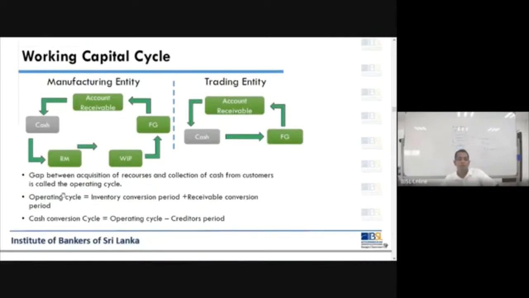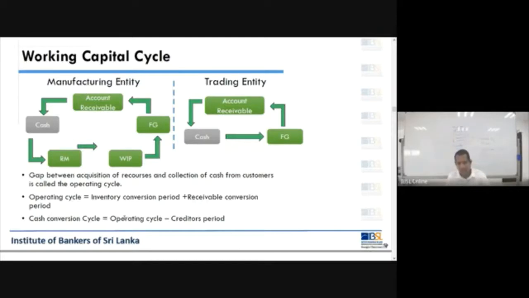Right? So we have something called operating cycle, cash conversion cycle. We look at those things when we work on the working capital, right? This cash conversion cycle, operating cycle, or the working capital cycle is used to define the period to be given to repay.